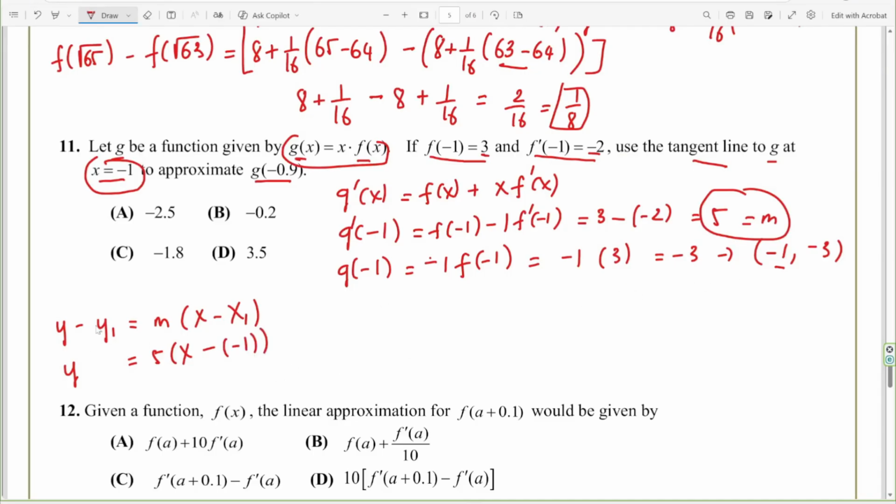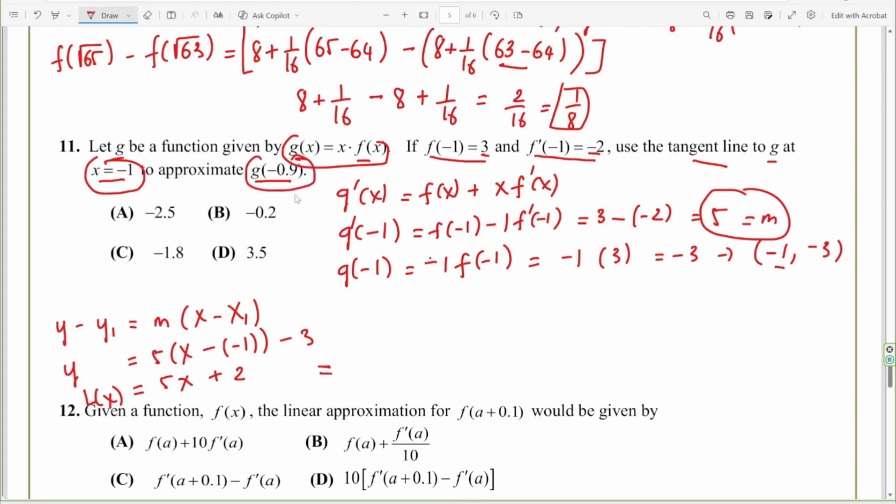And then you add y1 to both sides, which means negative 3. So we simplify, it's going to be 5x, right? Plus 2.